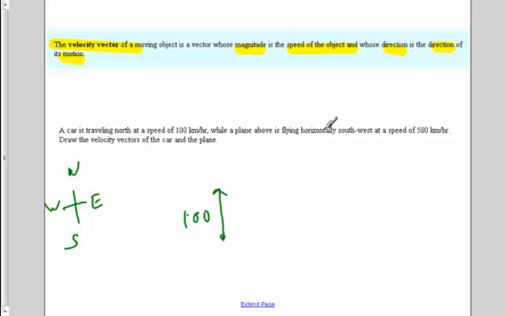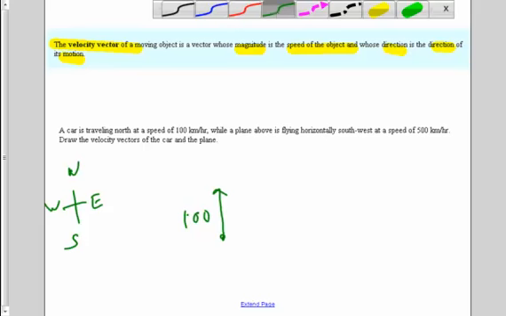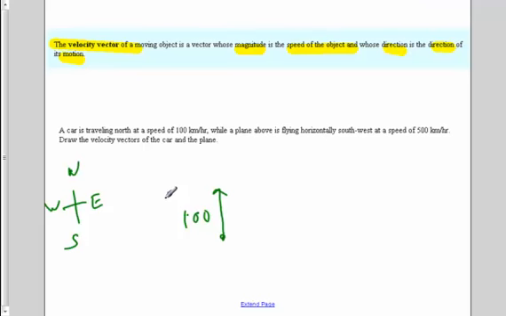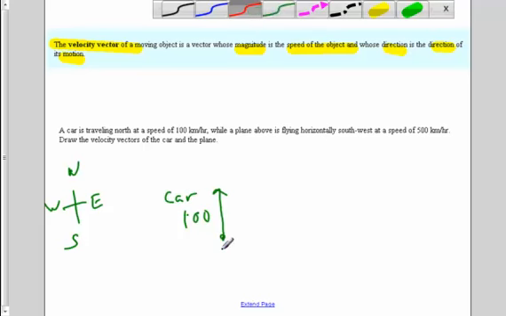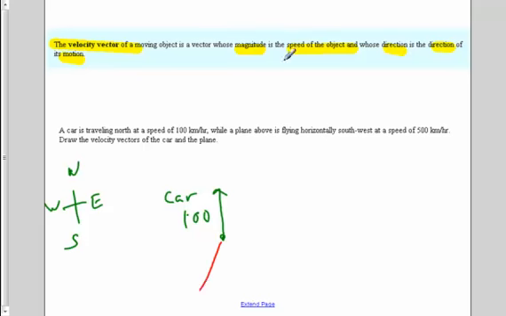And it says, well, a plane above is flying horizontally southwest at a speed of 500 kilometers per hour. So to represent that, well, if this is our car, the plane, which is above, is flying southwest.